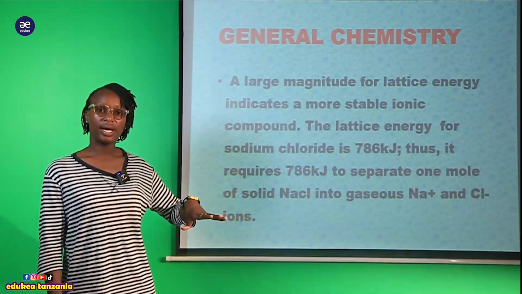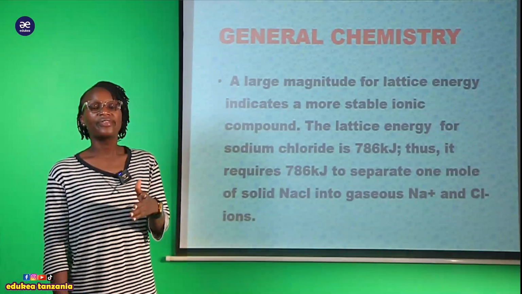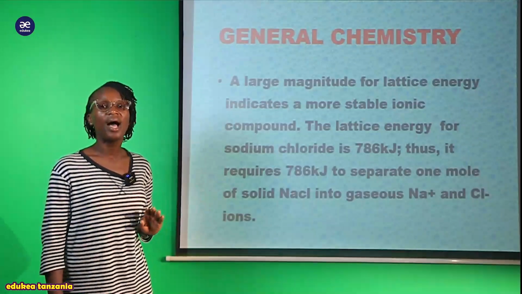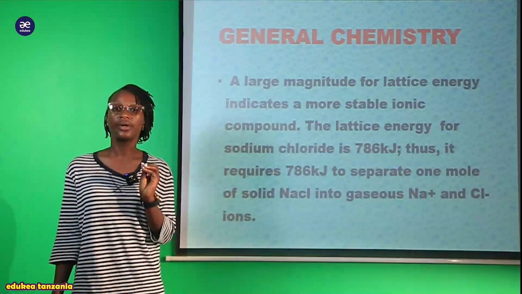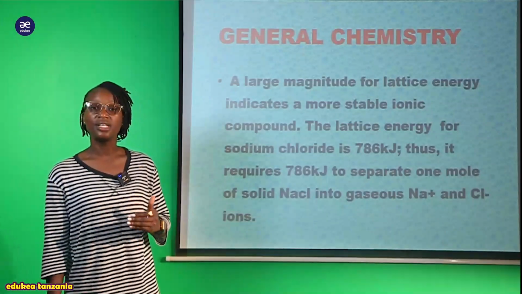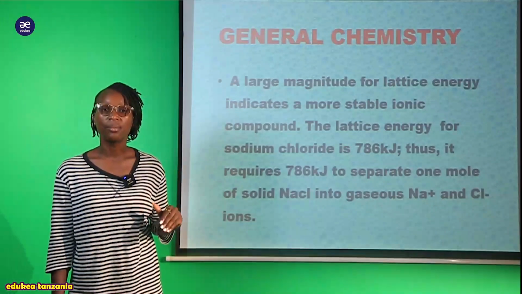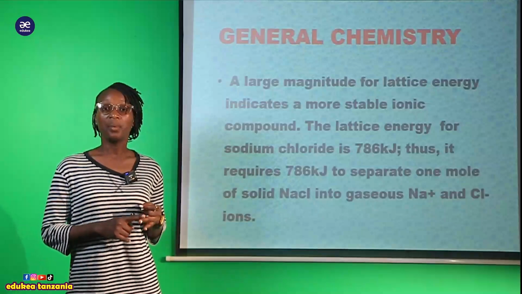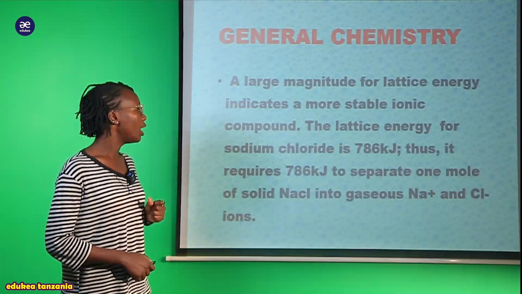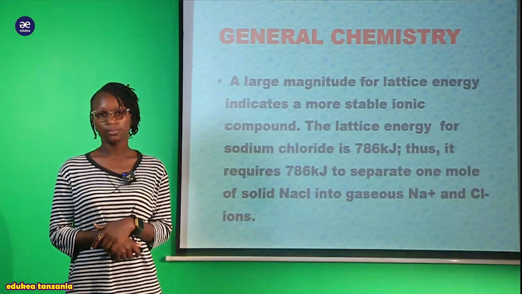Kwamba inakuwa ni solid compound, then inakuwa converted to its components of what? Gaseous ions. Maana kwamba sodium chloride, it is a solid compound, therefore inakuwa separated into the what? Gaseous ions, ambapo tunaenda kuwa na sodium ion and what? And chloride ion. And therefore this is what we call the lattice energy.